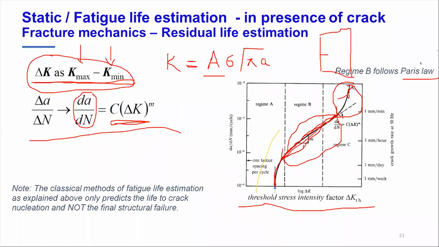Now how is it useful? Let's take an example of an aircraft wing. You have a certain crack present in the wing, and you have to travel a distance from Delhi to Mumbai. For that crack length and for whatever loading comes on the aircraft wing, you may say that we are here, and when it travels from Delhi to Mumbai, the crack may propagate only till here.